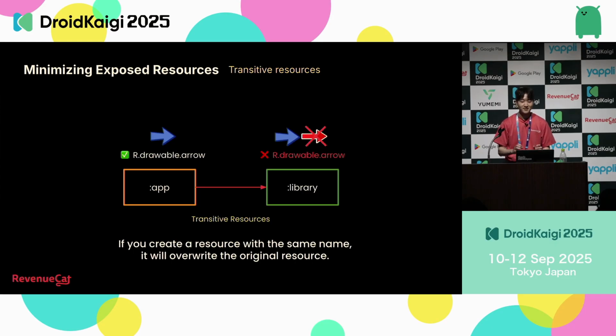This can completely break the expected behavior of your library or SDK. And users will complain that something has suddenly broken, even though they haven't directly modified anything related to your library.